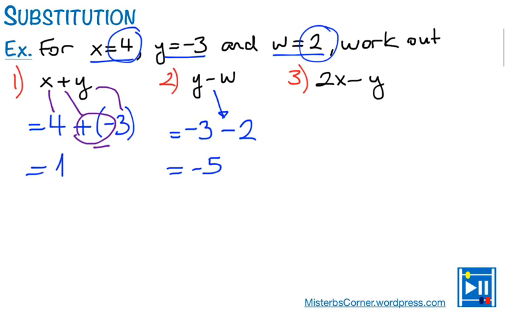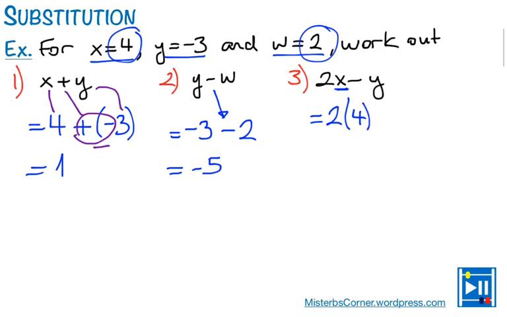And here we have 2x minus y, right? So I'm going to write 2. Instead of writing the times symbol, remember, we do not use it in algebra. My preference is to use brackets to show that I'm substituting its value for x. So I'm going to write 2 in brackets 4.